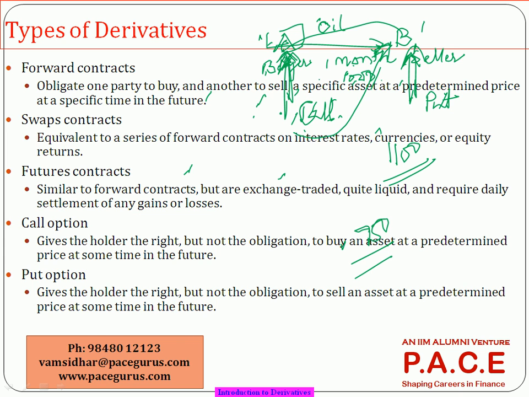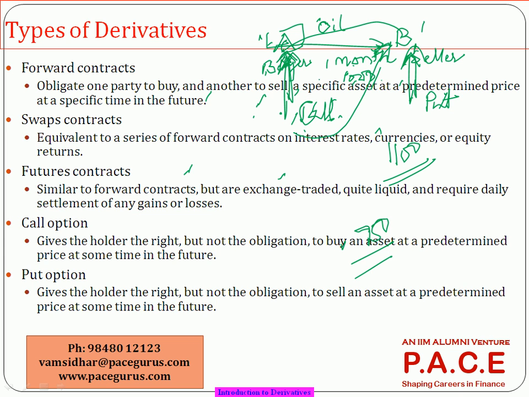So that is more or less the concept of a premium in case of an option, because there the transaction wise one party has paid money to the other party at the beginning of the contract itself, whereas in none of the three contracts party X will pay any money to party Y today, because the deal happens only after 1 month or something. It's only an agreement today. No party is paying any money to the other party in forward, futures or swaps.